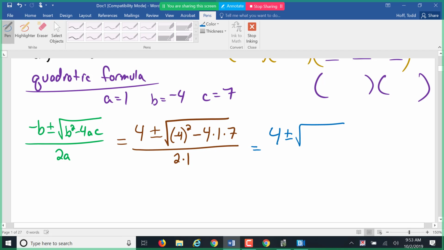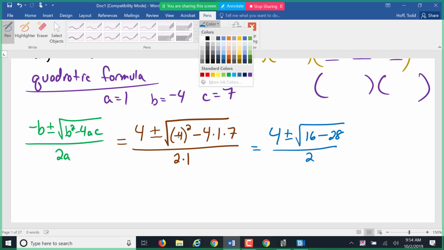Inside the square root, I'm going to cheat a little bit on my order of operations. Negative 4 squared, first of all, is 16. 4 times 1 times 7 is 28. On bottom, 2 times 1 is just 2.